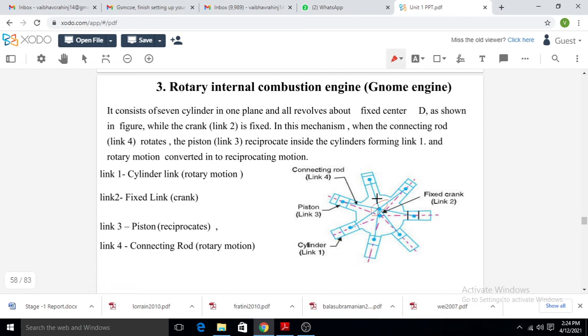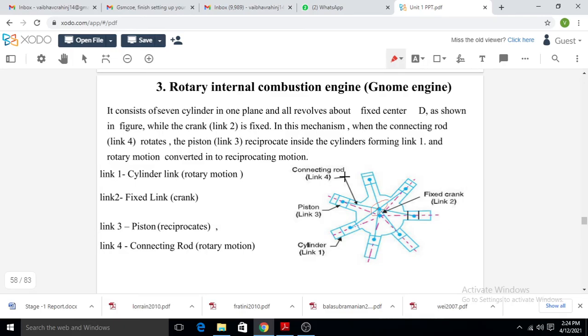The number of cylinders will change as per our need, but in this example we make 7 cylinders in one plane, and all these cylinders revolve around the fixed center D.